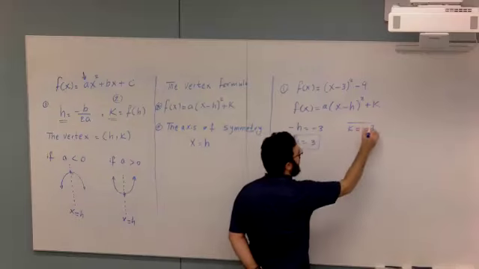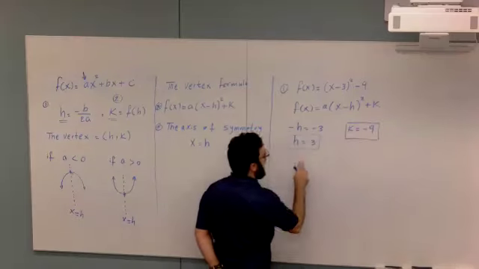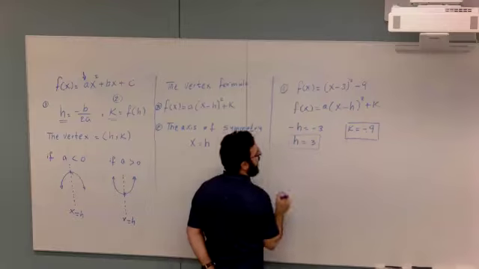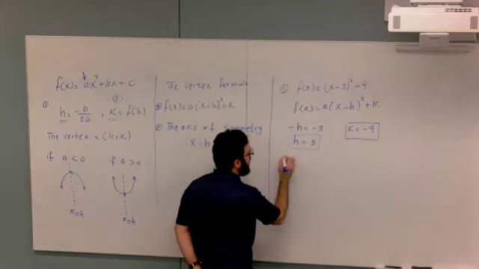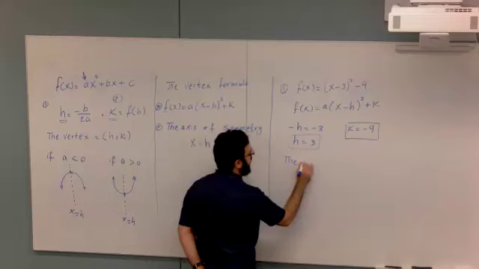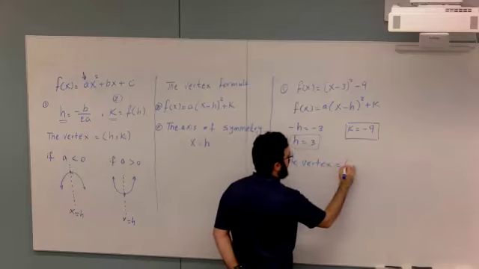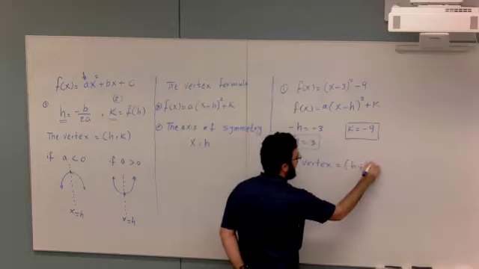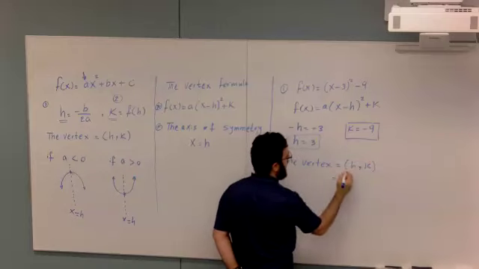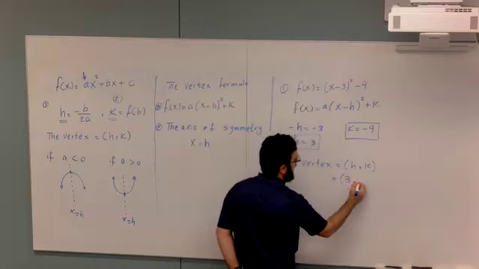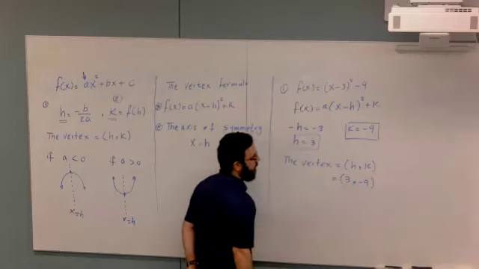So we have the value of h, we have the value of k. Now tell me, can I write down the vertex point? Yes. H and k: h is 3 and k is -9.